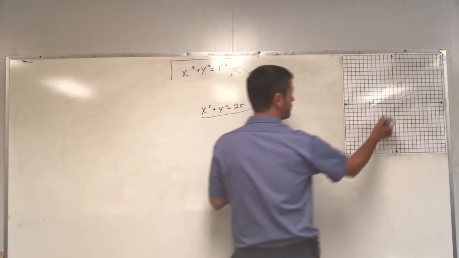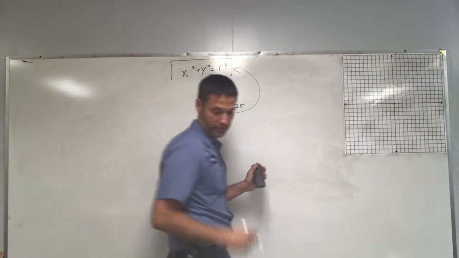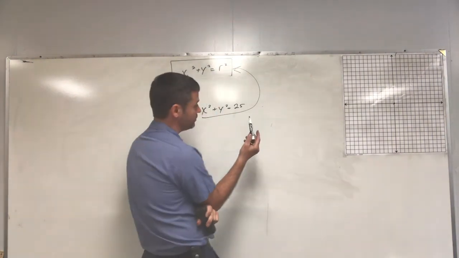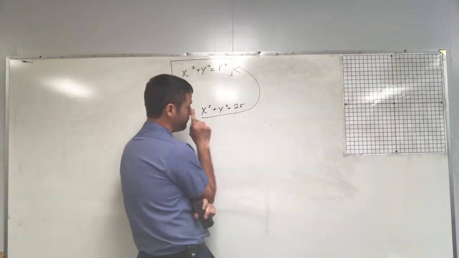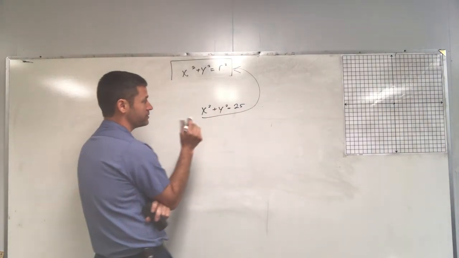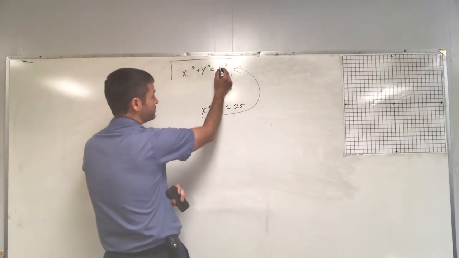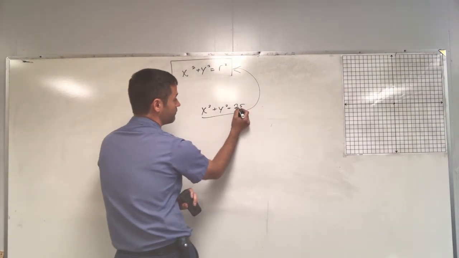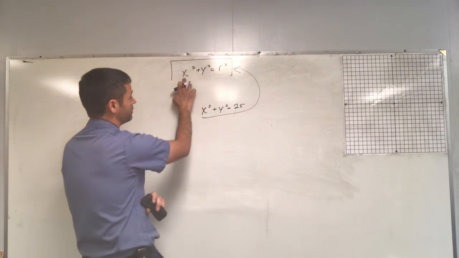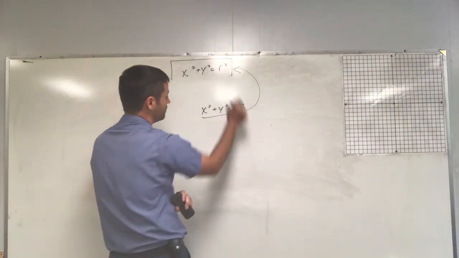So the center of the circle is here, and this says 25, and this is radius squared, so you have to find the square root to find the radius. Since whatever value is here is radius squared, since it's 25, you have to back it down and say that means the radius is 5, because x squared plus y squared equals radius squared.